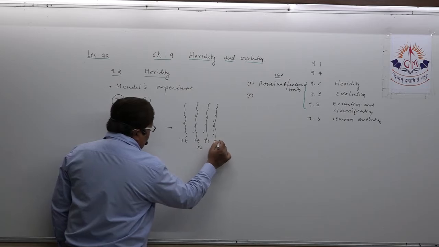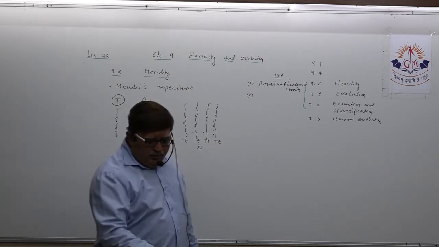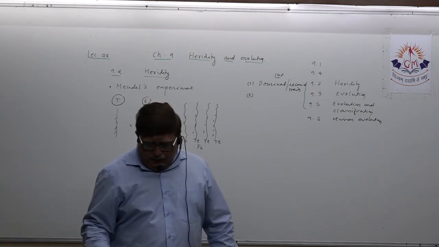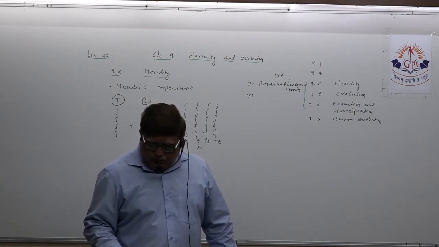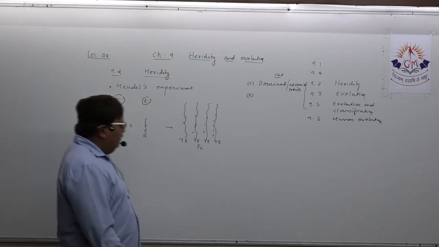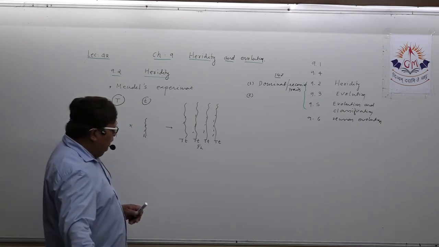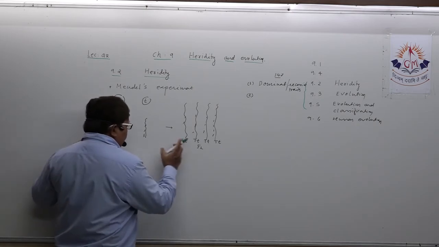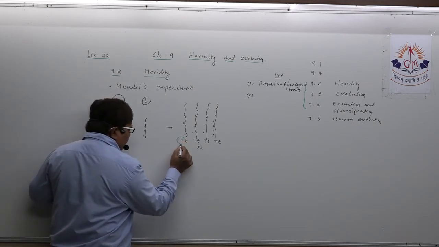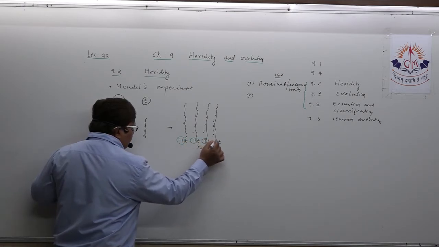All plants will have the genetic makeup Tt, but you all know very well one very important thing: though they possess capital T and small t traits, in the F1 generation only one trait is dominant, that is the trait of tallness. This way you can remember.